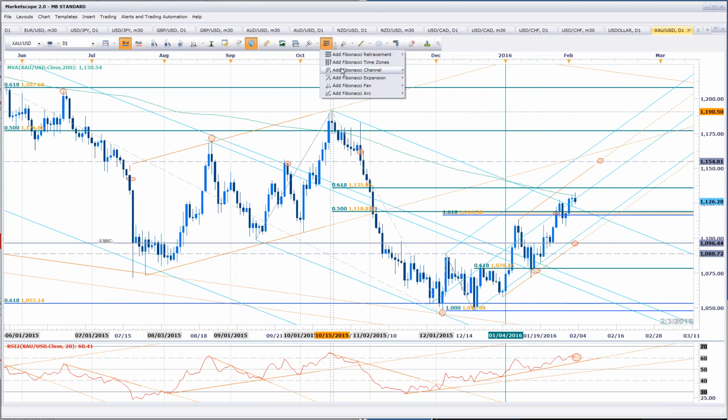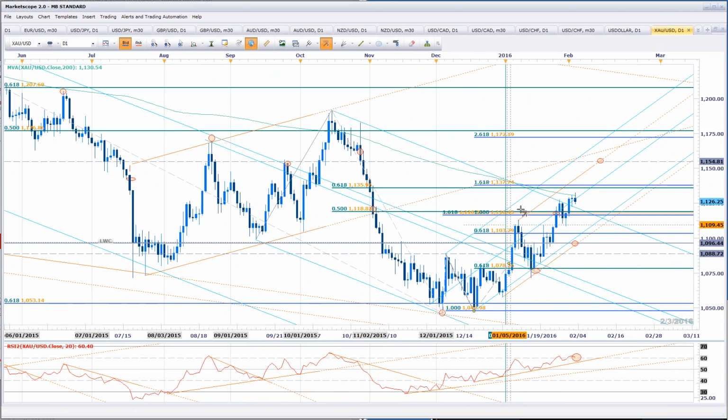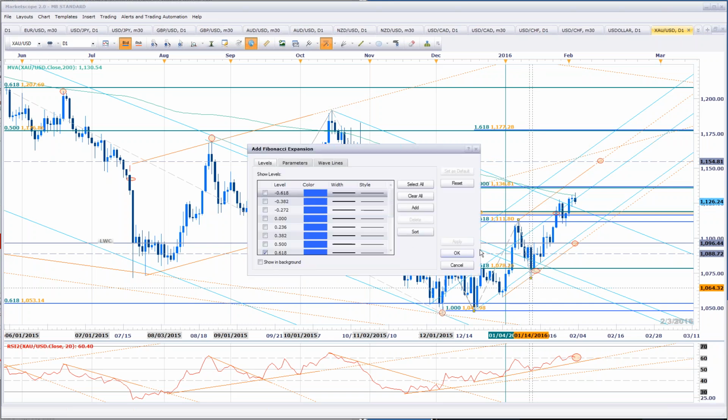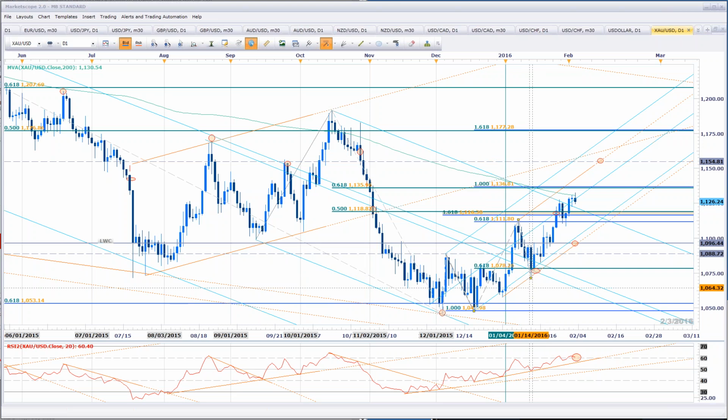Bear with me one sec. I just want to see what this extension looks like. All right, we're going to refinagle these levels. Bear with me.